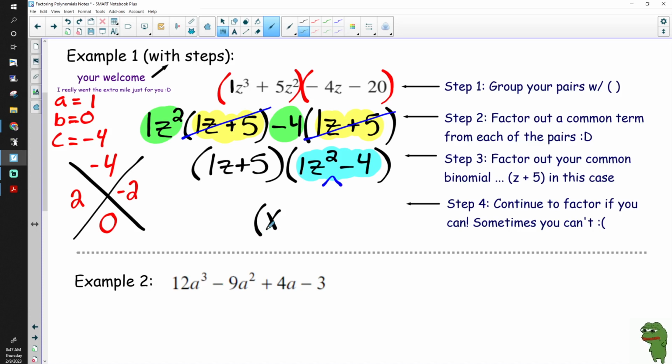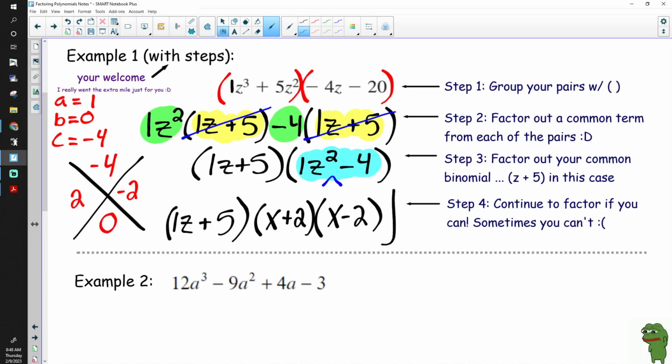X plus 2 and x minus 2. And we still have the 1z, or just z plus 5 that we had. This is now entirely factored.